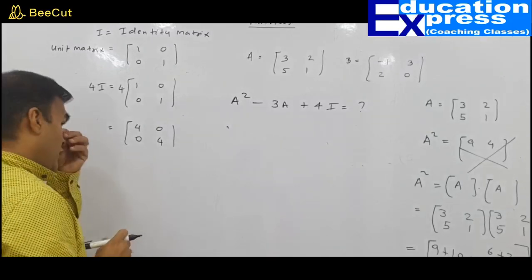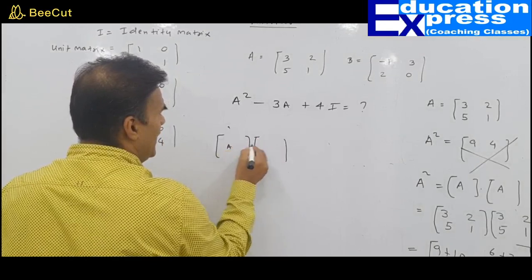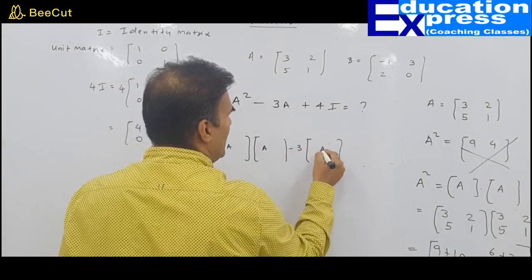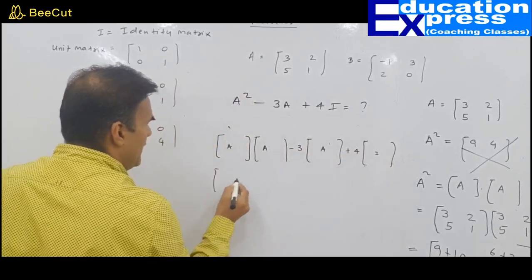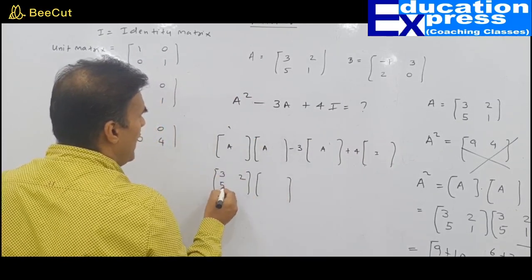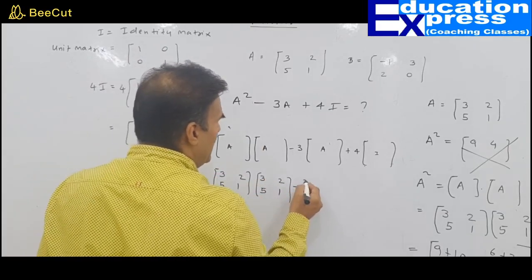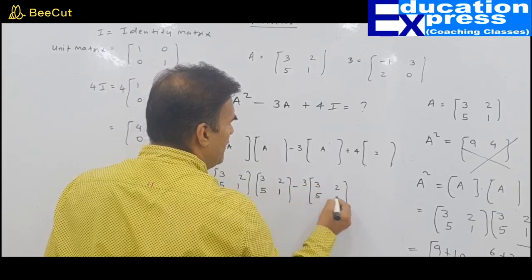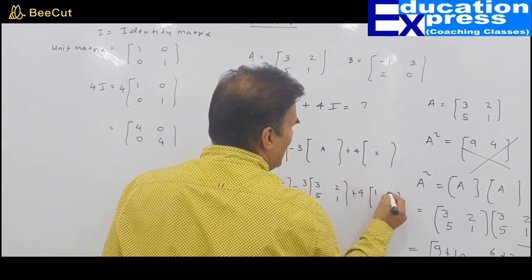The answer to this question: A square would mean A into A, matrix A into matrix A, minus 3 into matrix A, plus 4 into matrix I. Now A into A would mean [3, 2; 5, 1] times [3, 2; 5, 1], minus 3 times matrix A [3, 2; 5, 1], plus 4 times I, an identity matrix [1, 0; 0, 1].